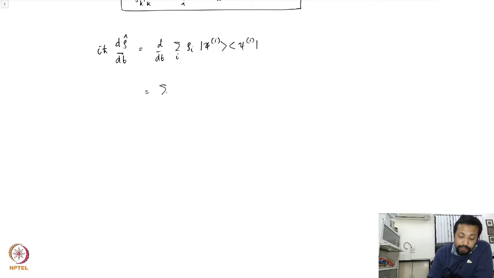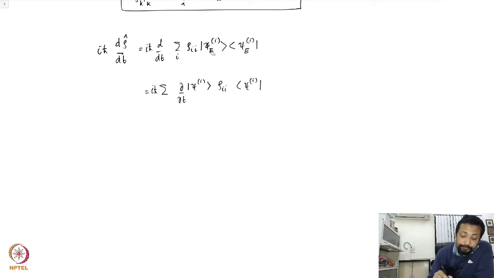So this quantity then becomes, sorry, this has to be rho I, and then this becomes i h bar del del t of the sum over I of |psi I(t)> rho I <psi I(t)|. So in the earlier expression we had this as the subscript of the energy eigenstate, so that is okay.